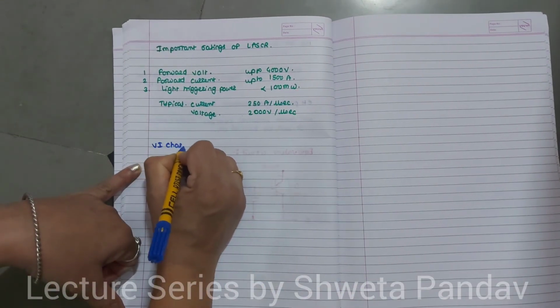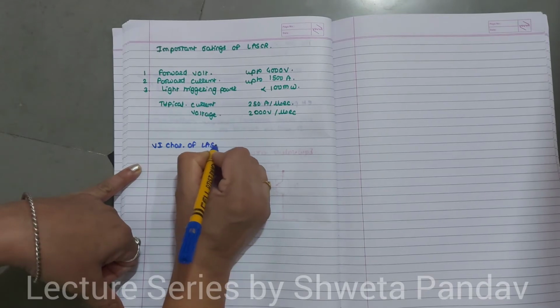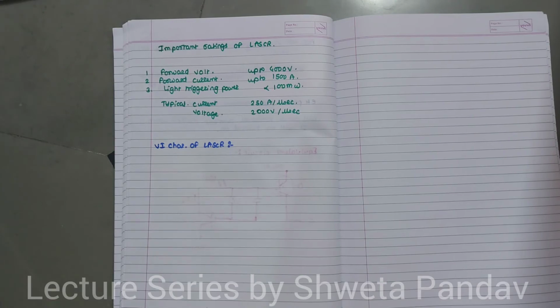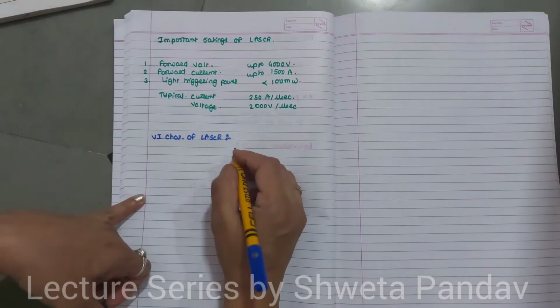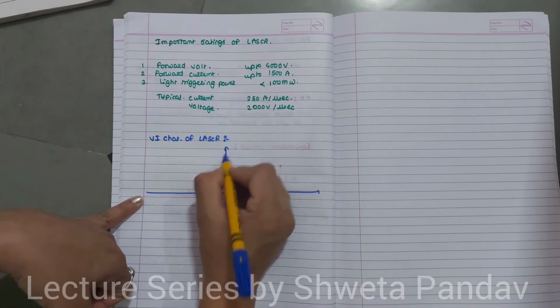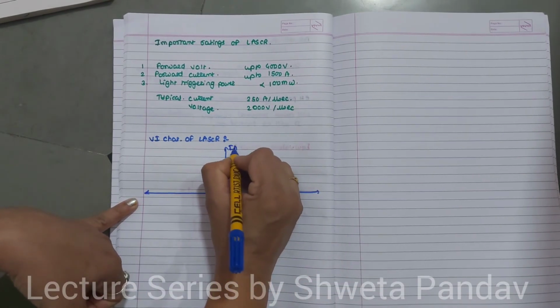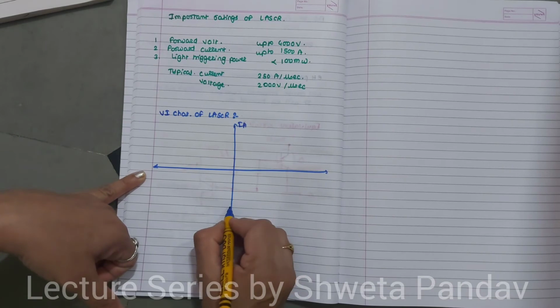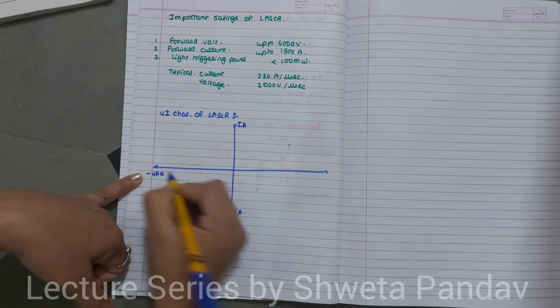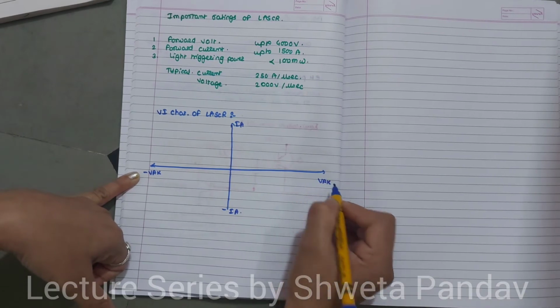Now let us draw the VI characteristic of LASCR. It is the anode current on the y-axis and the anode to cathode voltage on the x-axis. So it is positive anode current, then we have negative anode current, negative anode to cathode voltage, and positive anode to cathode voltage.